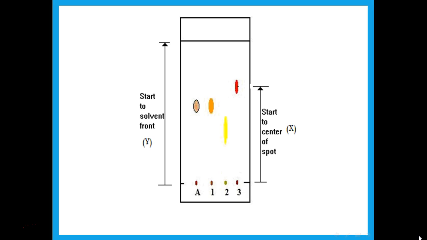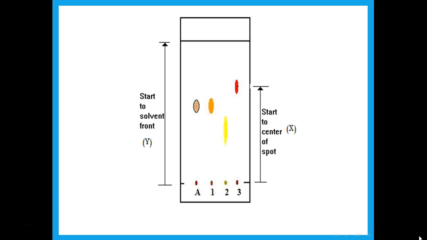Another thing is, instead of saying height, I can say RF value. So RF value is the distance traveled by the spot divided by the distance traveled by the solvent. If I want to determine the RF value of that red spot of compound 3, I measure with a ruler the distance from the baseline to the middle of that spot.